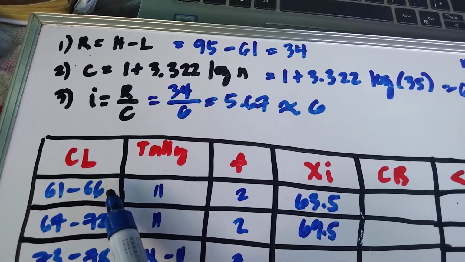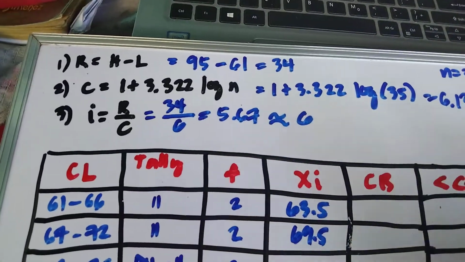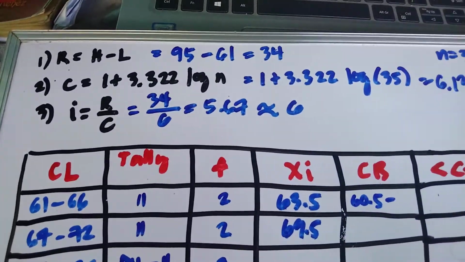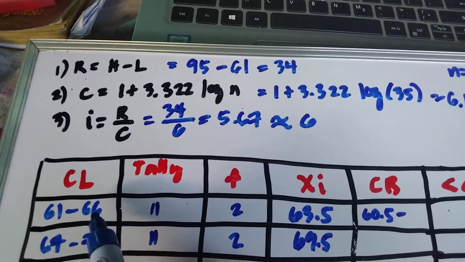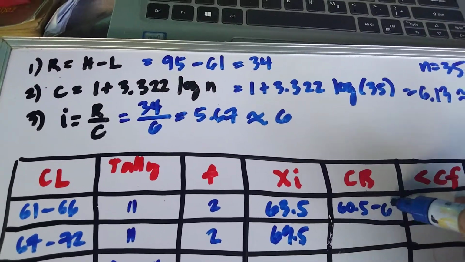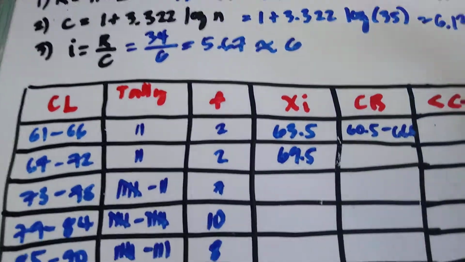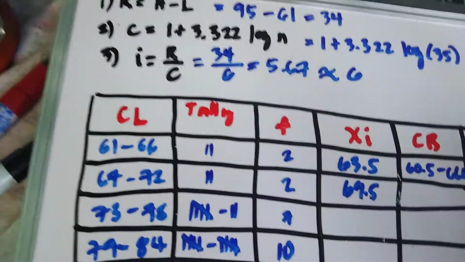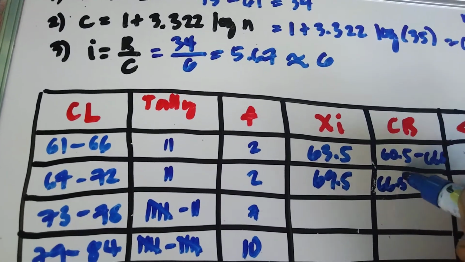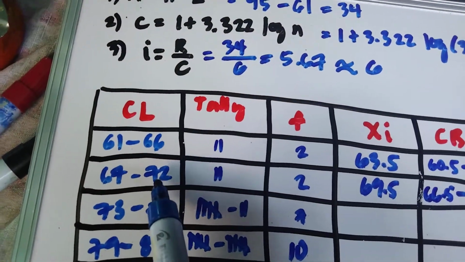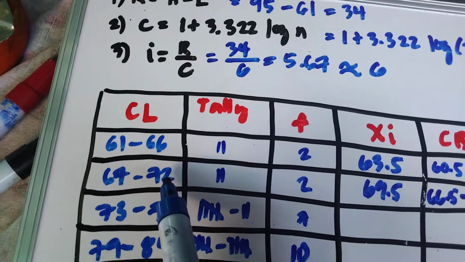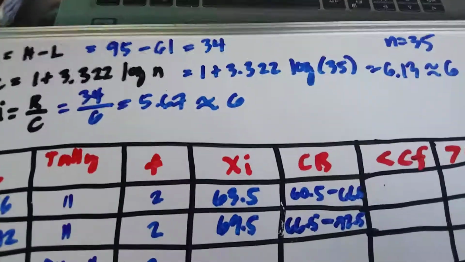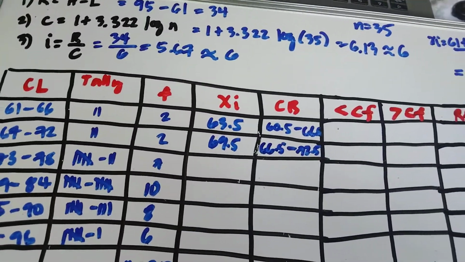So 61 minus 0.5 gives 60.5, and 66 plus 0.5 gives 66.5. The same for 67: 67 minus 0.5 gives 66.5, and 72 plus 0.5 gives 72.5. It's as simple as that.